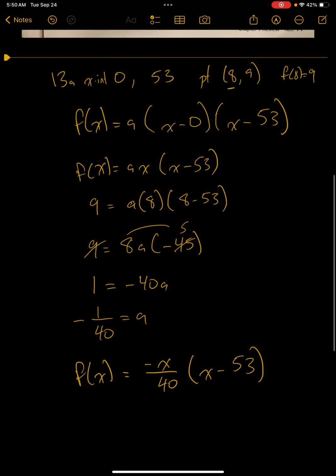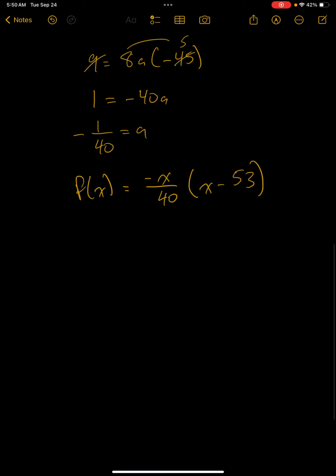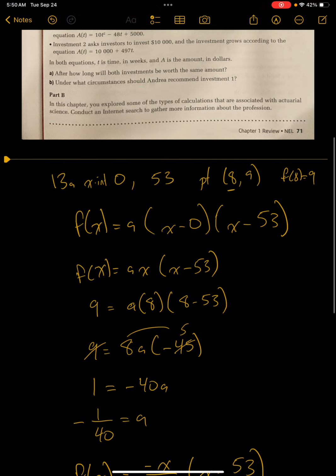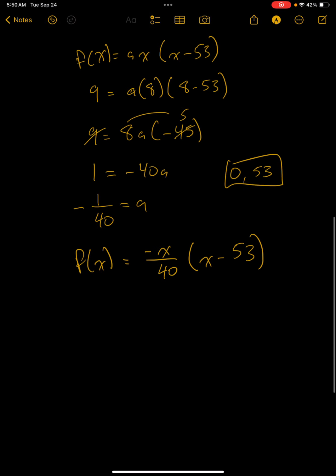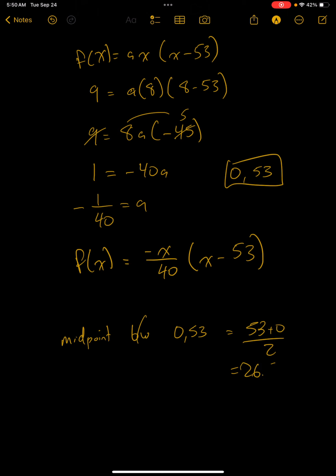What is the maximum height of the ball? Well, the maximum height is between 0 and 53, right in the midpoint. So the midpoint between 0 and 53 is 53 plus 0 over 2, which is 53 over 2, just 26.5.